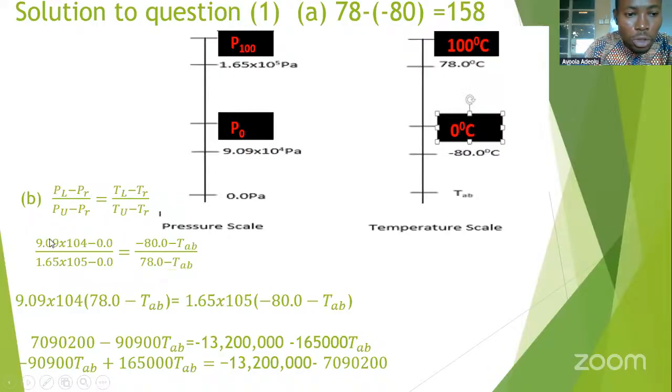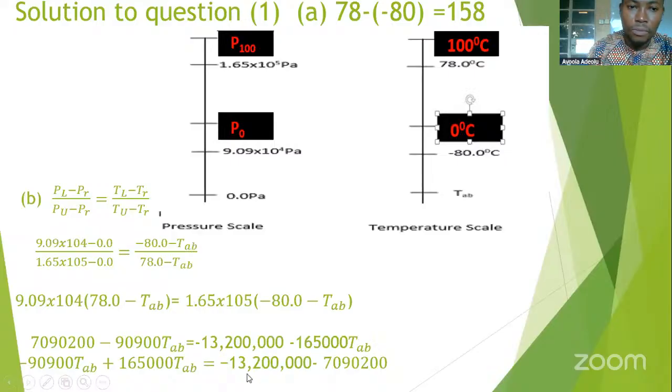So I just cross multiply like this, and I have this equation here. So I can expand this multiplied by this minus this multiplied by this, equals this. After that, I just collect the like terms. Whatever, I say 9900 TAB plus this is equal to this.